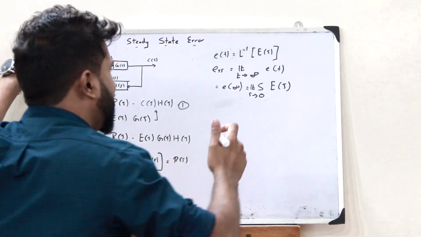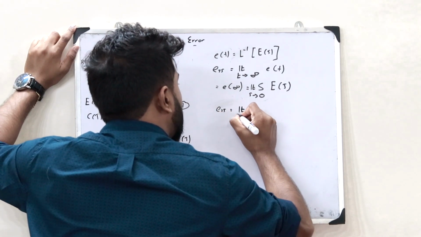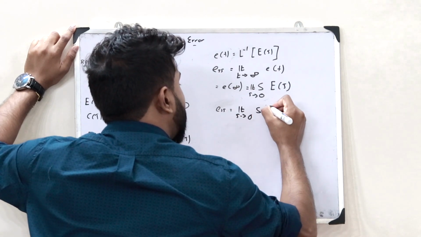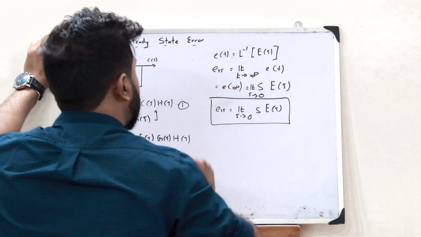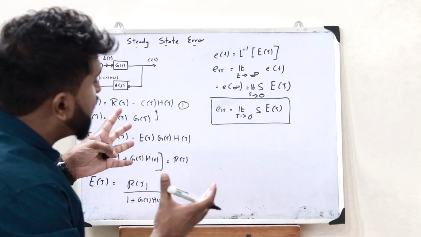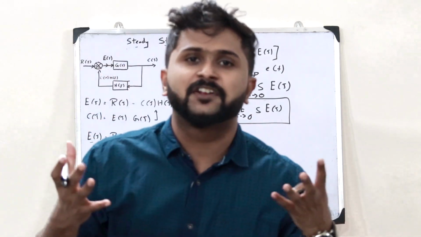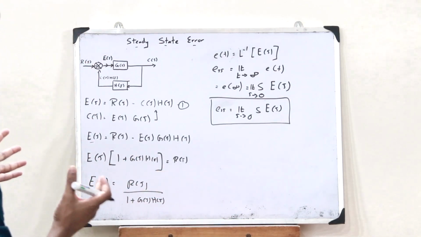That is, ESS is equal to limit S tends to 0 of S into E of S. This steady state error can be used for measuring the system accuracy and things of that sort. That is why we use steady state error.